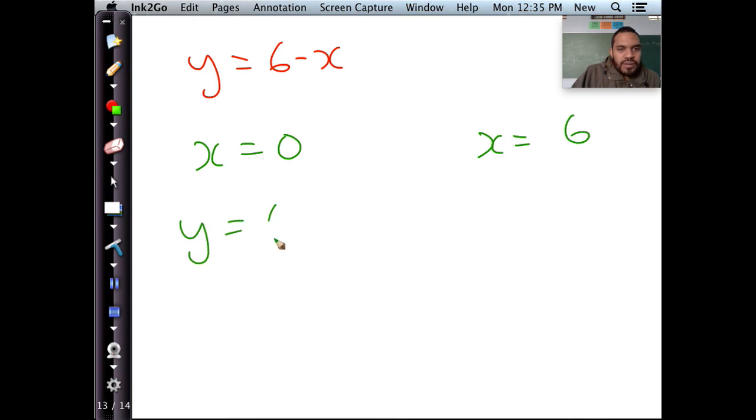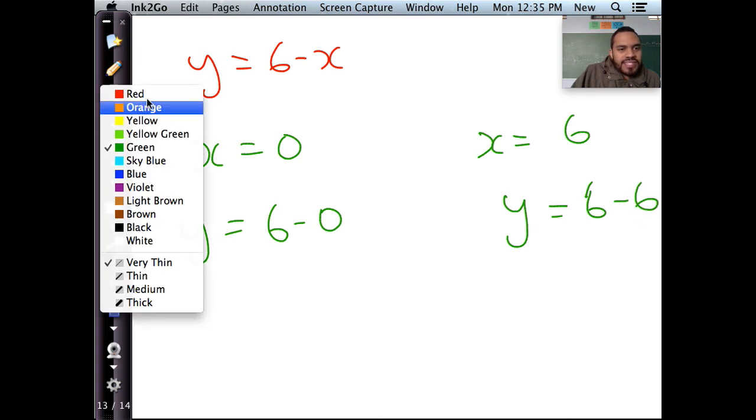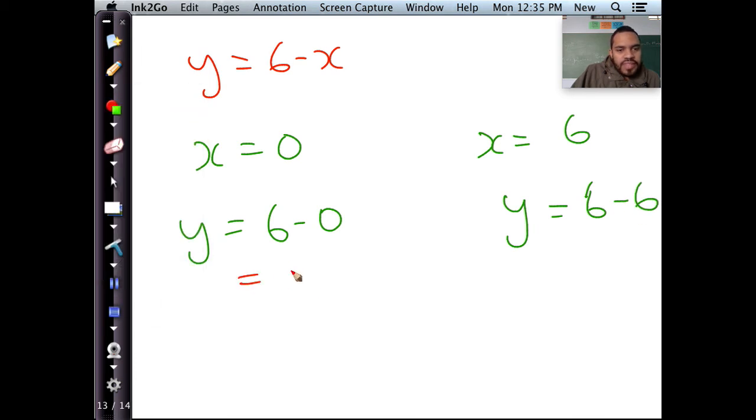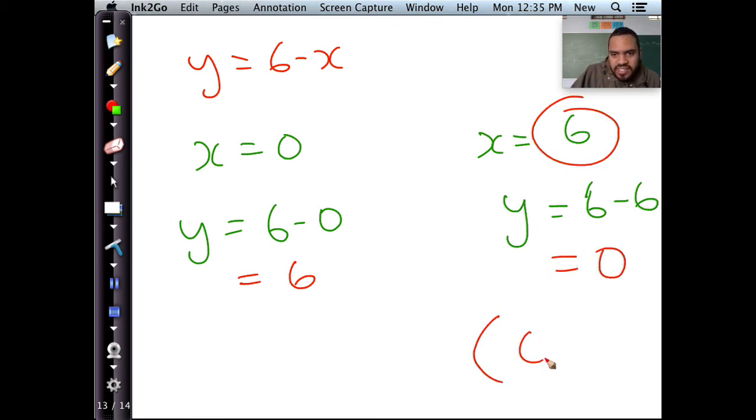So I say y equals 6 minus 0, and on this side y equals 6 minus 6. And clearly you can see this gives you a solution to say, okay, that must be 6 and that must be 0. And this is a coordinate with 6 on the x and 0 on the y, and this is a coordinate is what? 0 on the x and 6 on the y. Very well done, people.